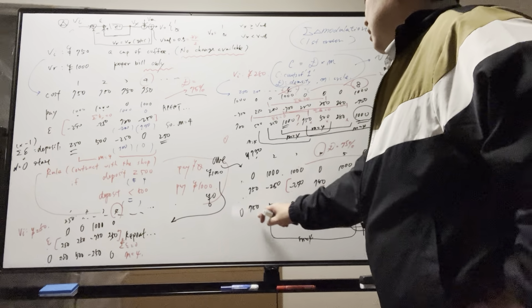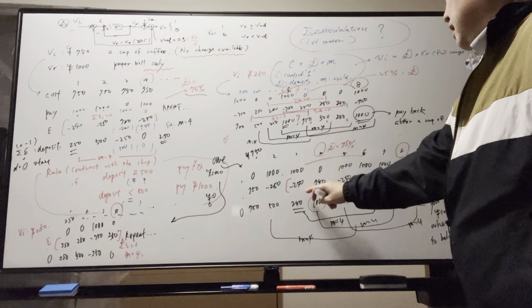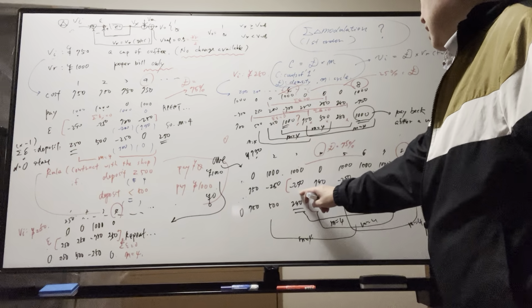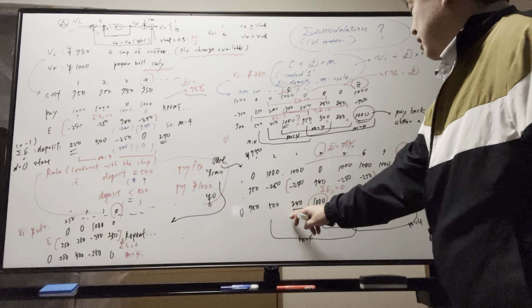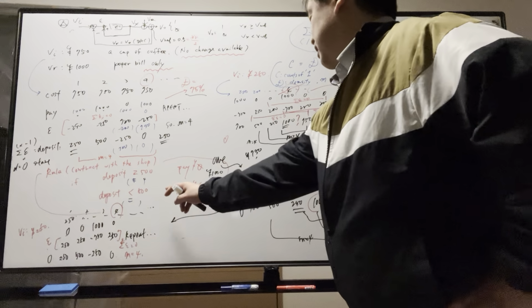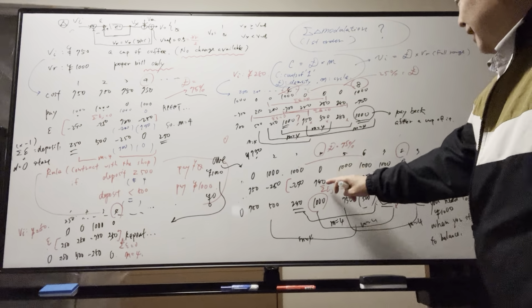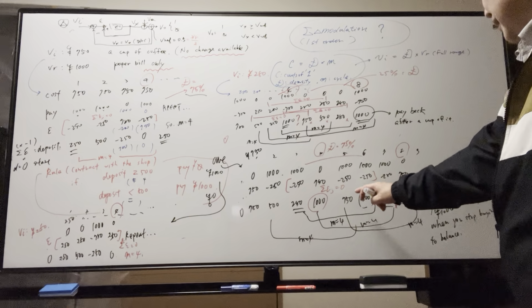But then 500 is more than this, so you need to pay 1,000, and the minus 250 difference makes your balance: you owe 250, so less than 500, you don't need to pay, and at this moment, and so on, it goes like this.